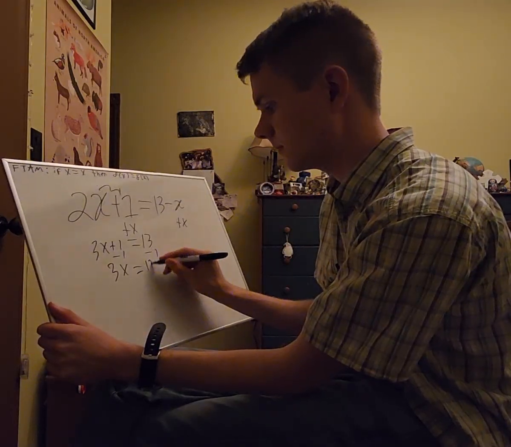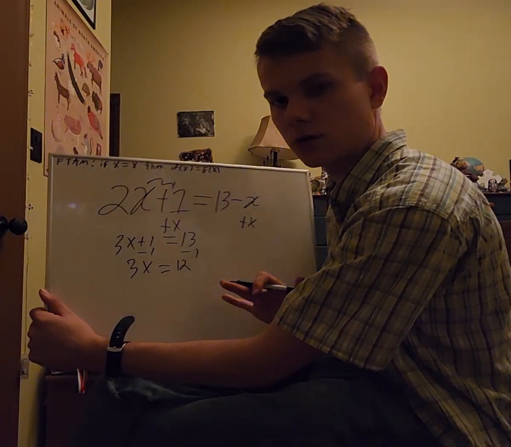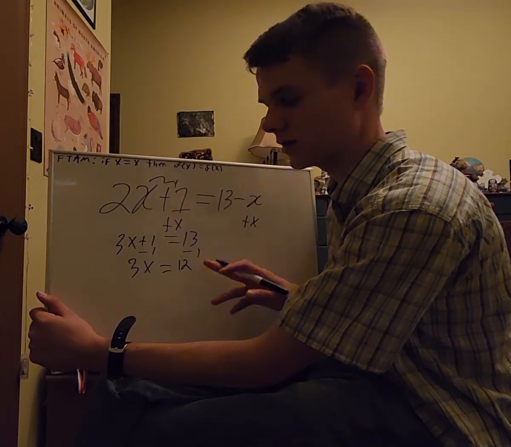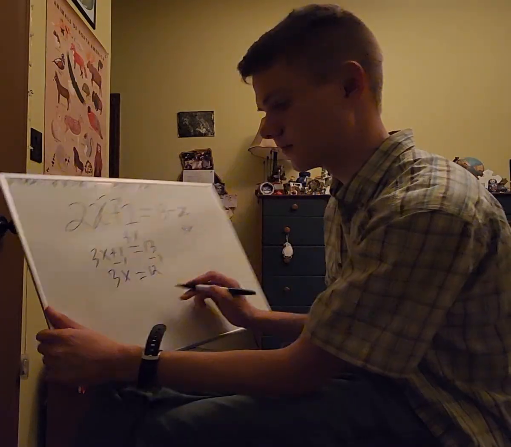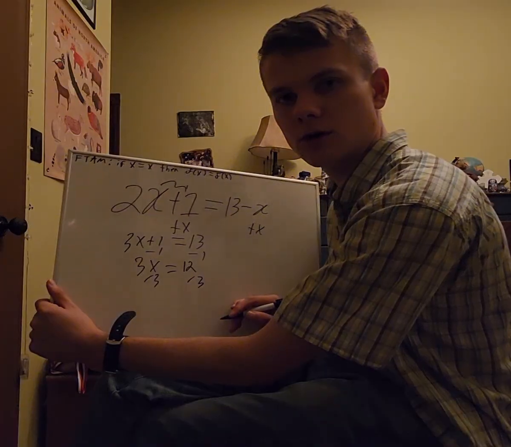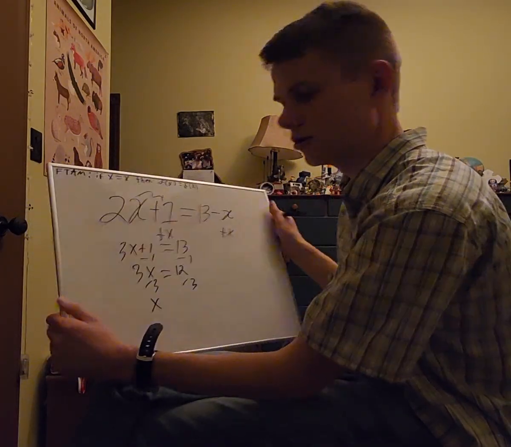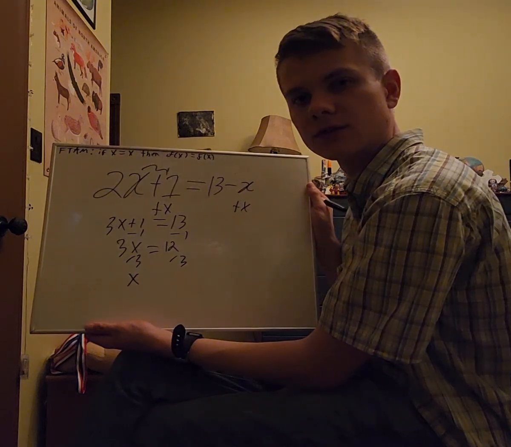And now finally, we do our last step, which is to divide by 3, which gets us 4 for that side. So we divide both sides by 3. So 3x divided by 3 is x. And 12 divided by 3 is 4.